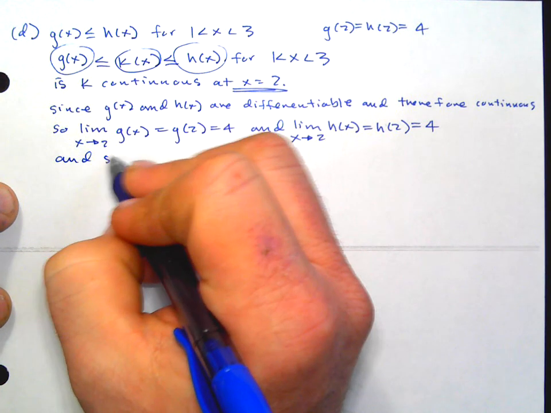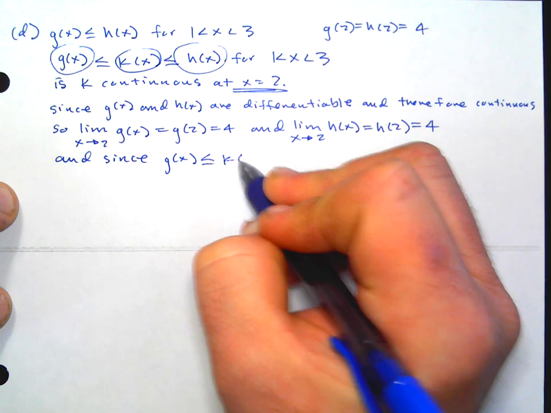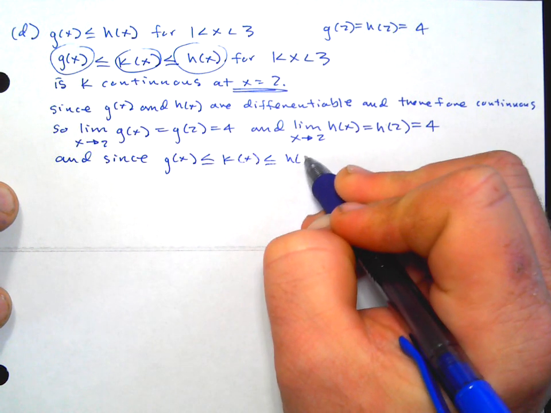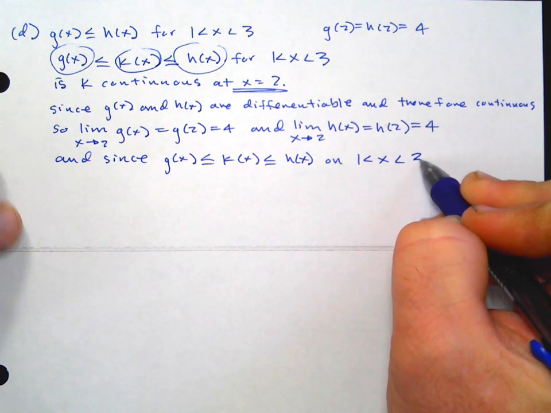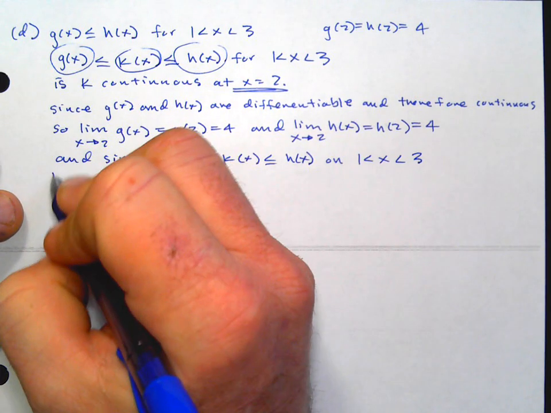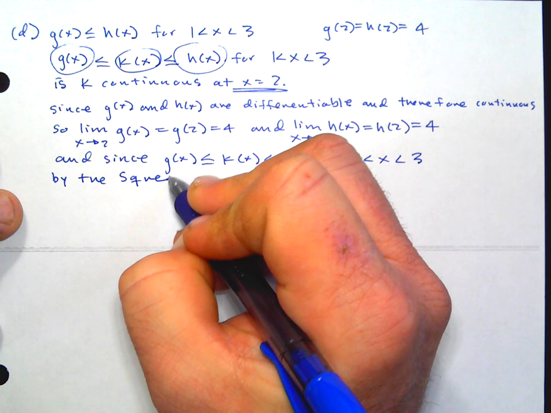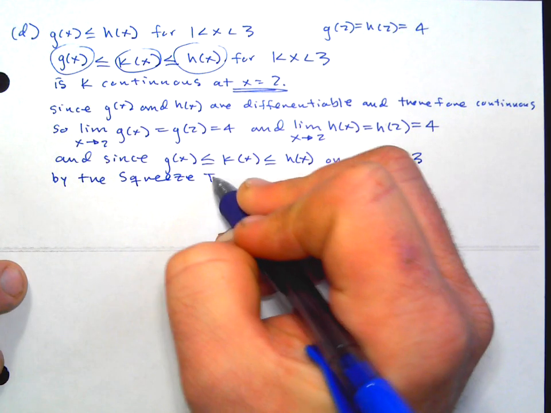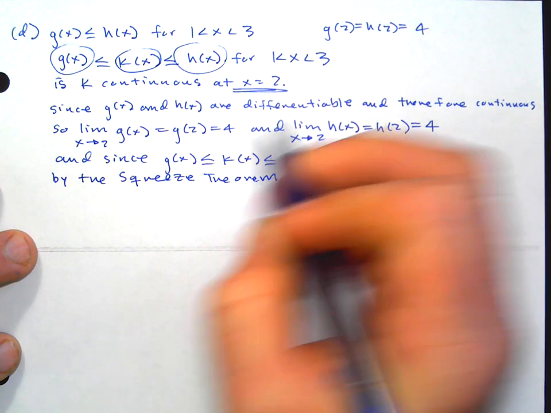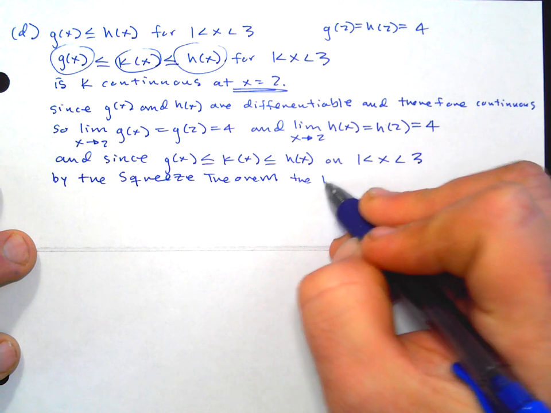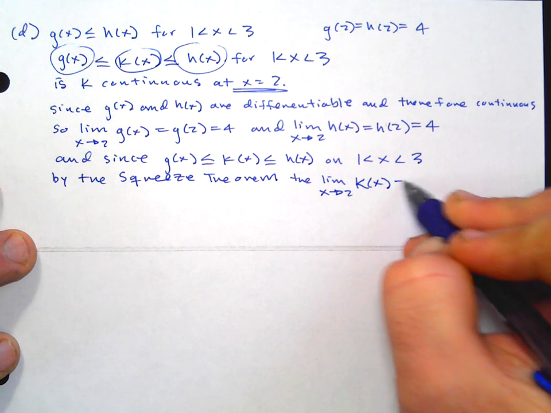And since g of x is less than or equal to k of x, which is less than or equal to h of x, on [1, 3], by the squeeze theorem, or you could probably say sandwich theorem, the limit as x approaches 2 of k of x is going to equal what they both equal.